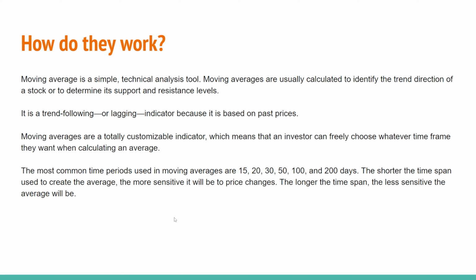It's going to show you the average price in the past 200 days. Ideally, if you want to take a long position, you want your stock to be above the 200 moving average. It's a higher probability setup that way. The shorter the time span is to create the average, so 5, 10, 15, the more sensitive it'll be to price changes. And the longer the time span, the less sensitive it is.